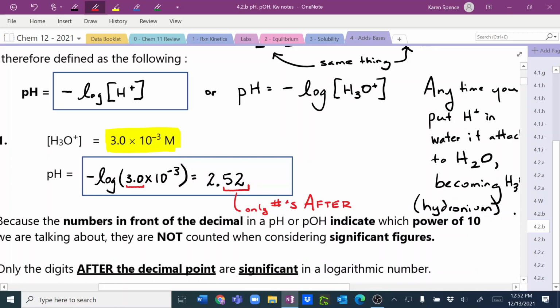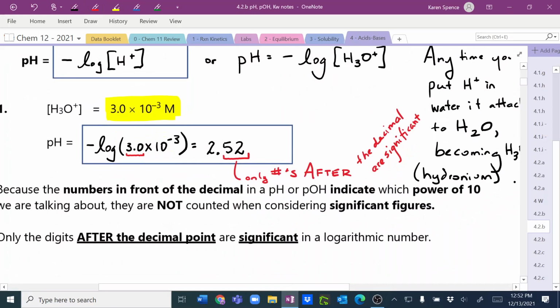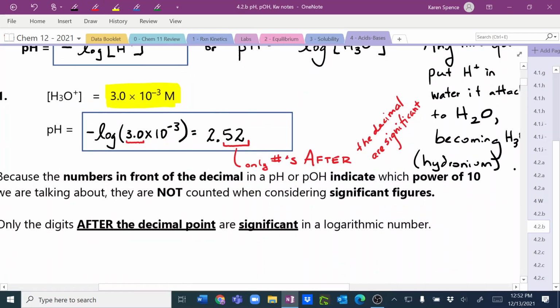Oops, I did not leave myself enough room. It's easier to understand that if we take a look at a number where we have 1 as our coefficient. I don't know if that's what you call it. So let's say we had 1.0 times 10 to the negative 3.